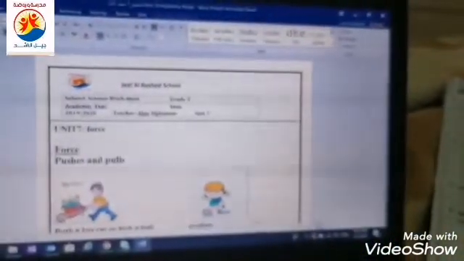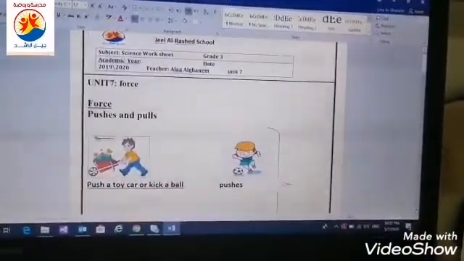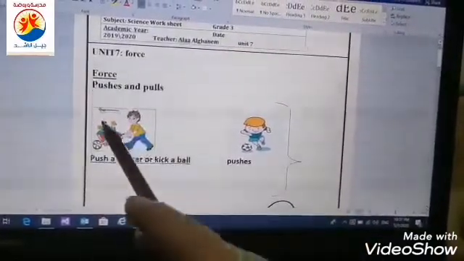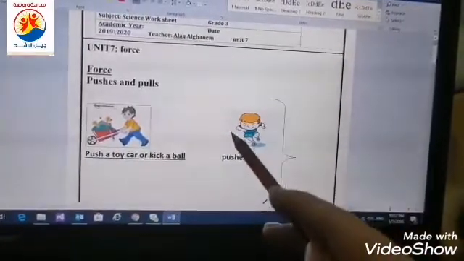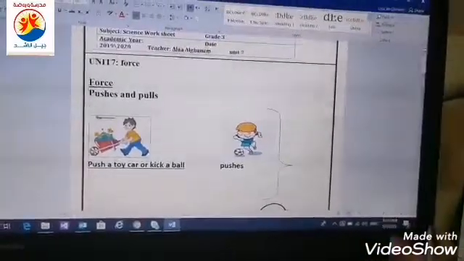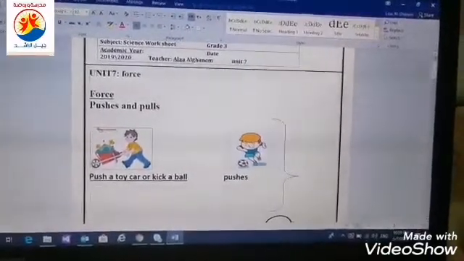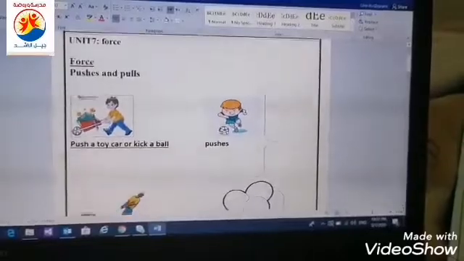When we push a toy car, like this boy, or when we kick a ball, or lift heavy things, or heavy bags, or blow up balloons, all of these are examples.